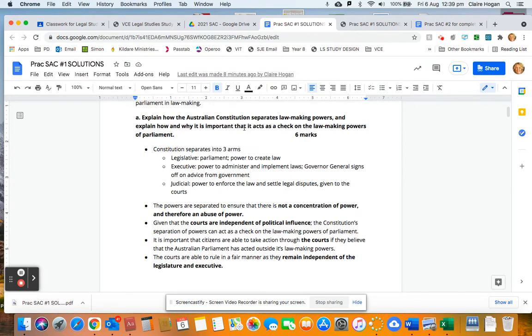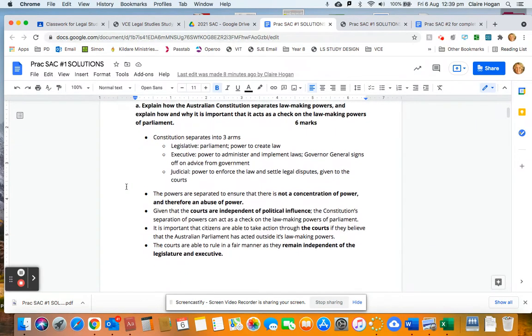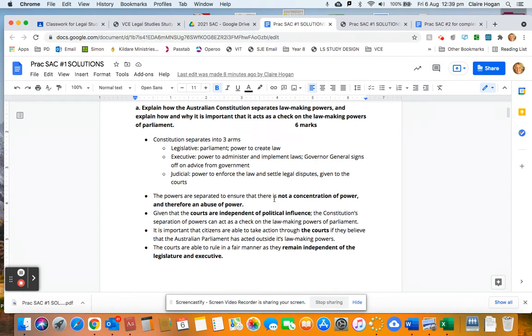How and why it's important that it acts as a check. The powers are separated to ensure that there is not a concentration of power, and therefore an abuse of power. Given that the courts are independent of political influence, the Constitution's separation of powers can act as a check on the lawmaking powers of Parliament. So that's how.